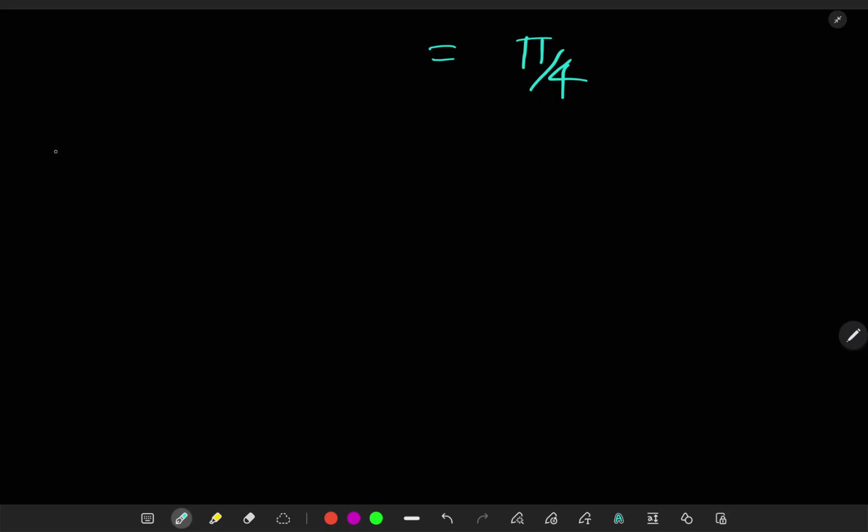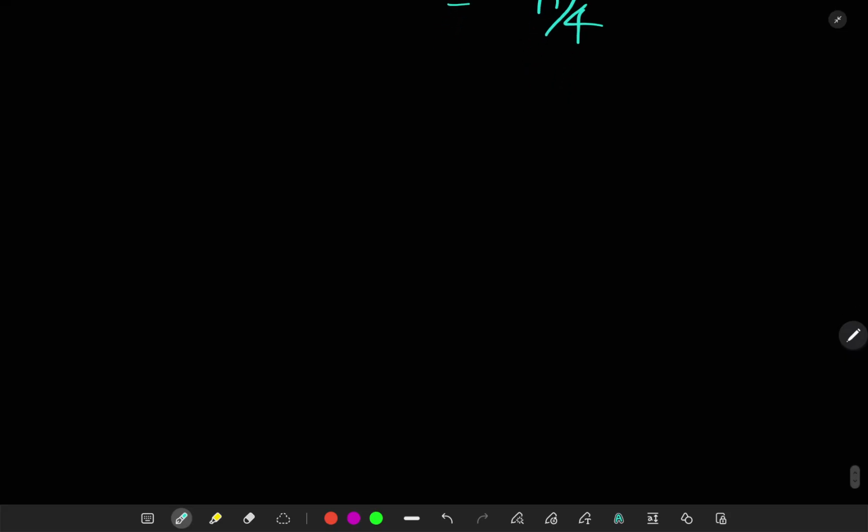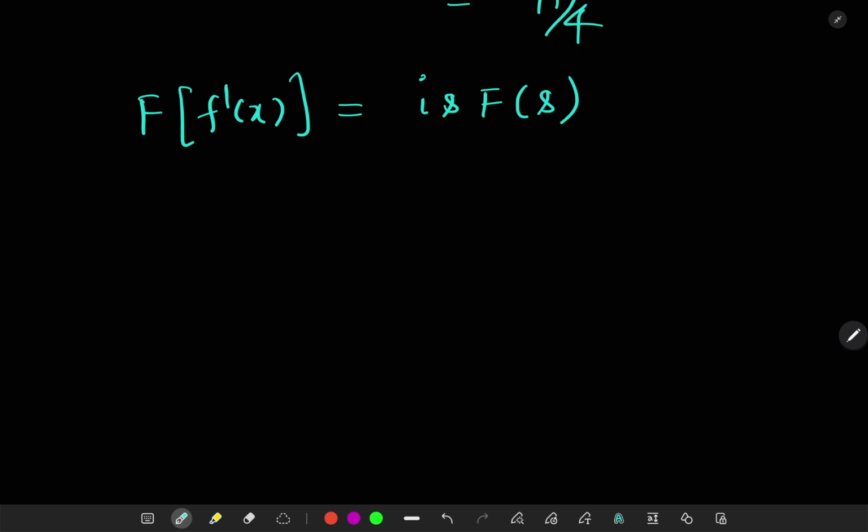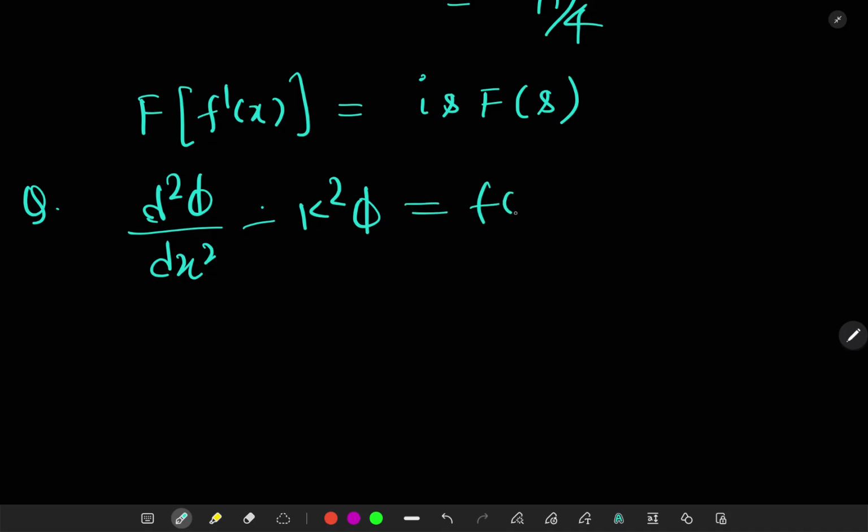Let's do another question on Parseval identity. Let's do some questions on the Fourier transformation properties. Consider d square phi by dx square minus k square phi equals f of x.